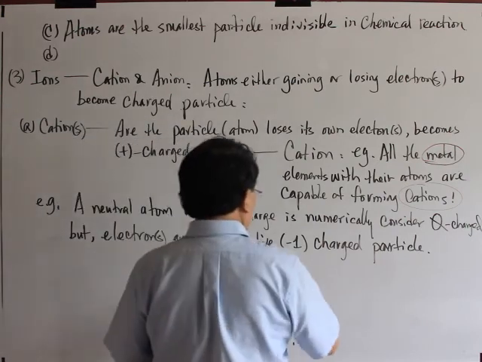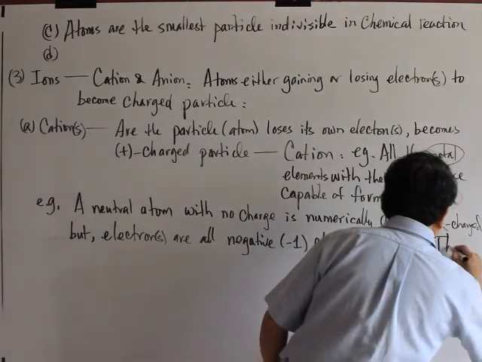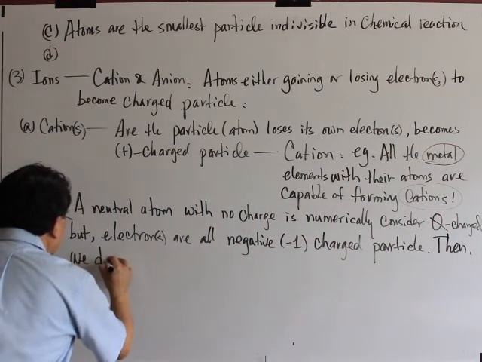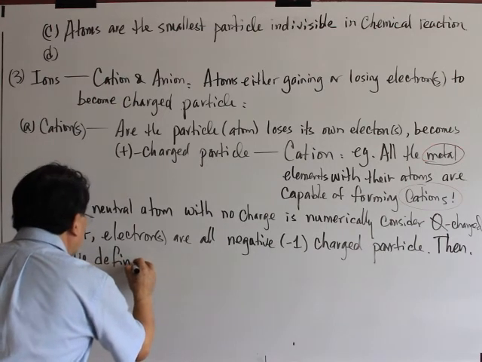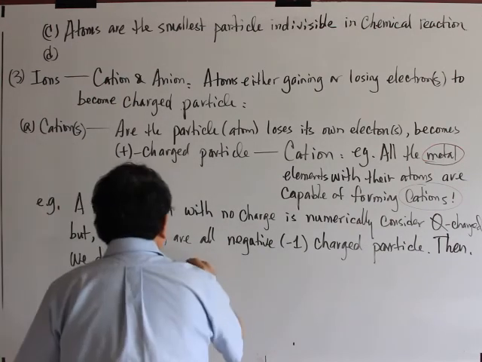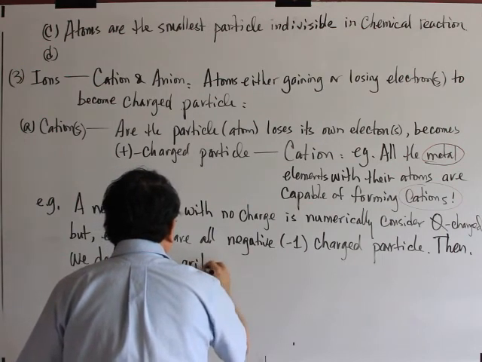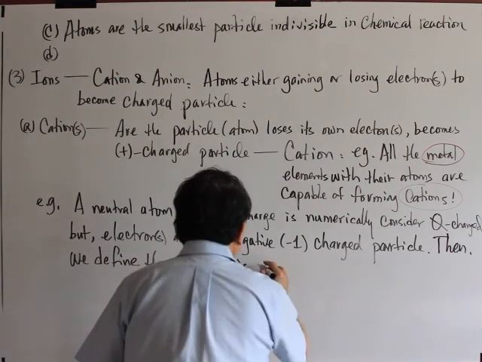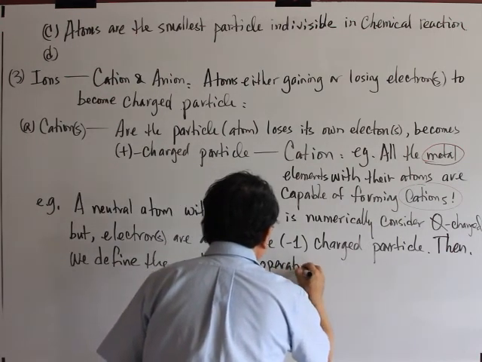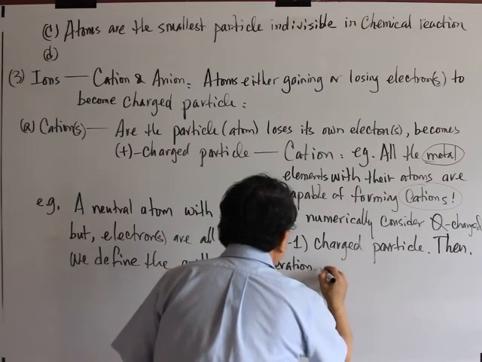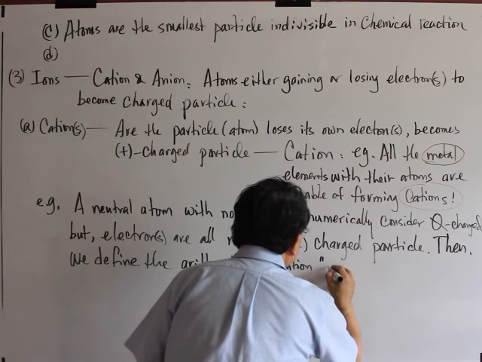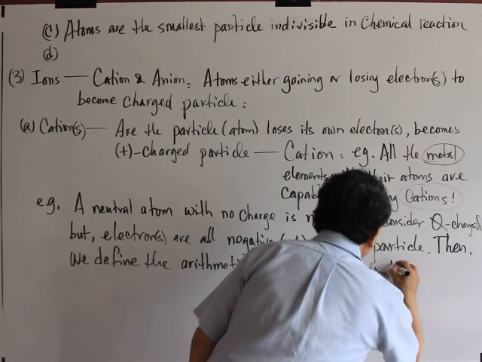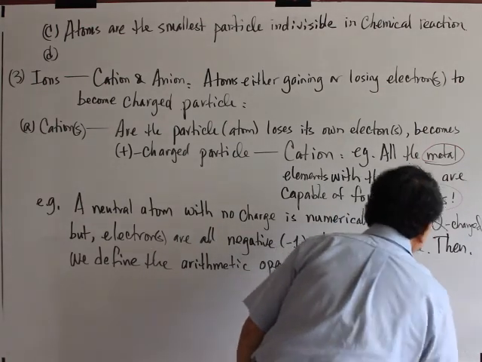But for electrons, we define the arithmetic operation subtraction as a negative sign, right?